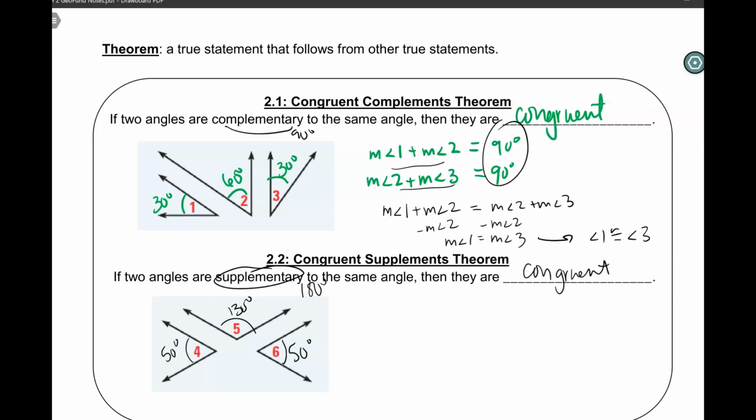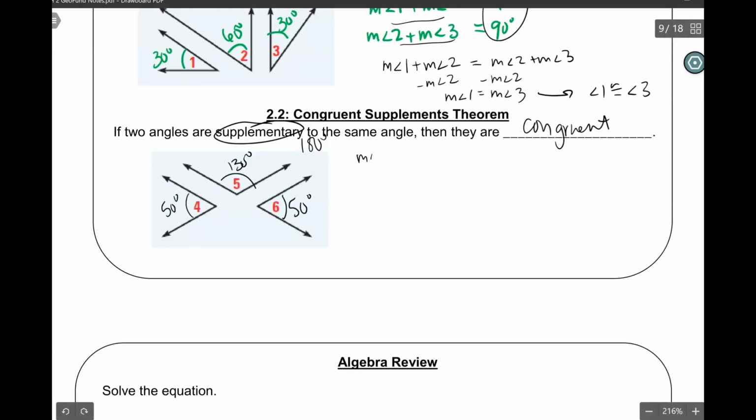So I say that the measure of angle 4 plus the measure of angle 5 is equal to 180 because they are supplementary, right? I add 50 plus 130, and that's 180. I can add the measure of angle 5 plus the measure of angle 6, and that's also 180. So wait, if they're both equal to 180, I can set the two additions equal.